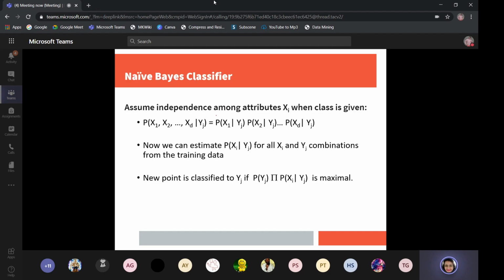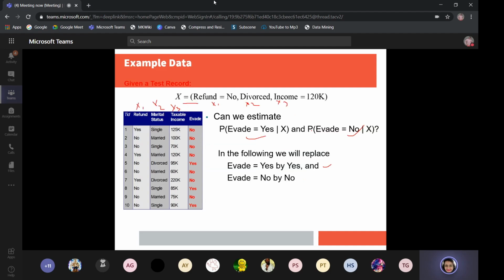So if we are assuming independence among attributes, so we are saying that given this combination x1, x2 up to xt, given the class y, if they are independent, then you can simply multiply. Conditional independence का क्या मतलब है? You can simply multiply the probability.